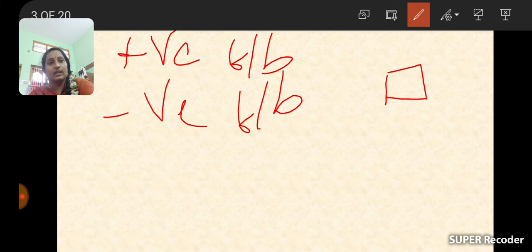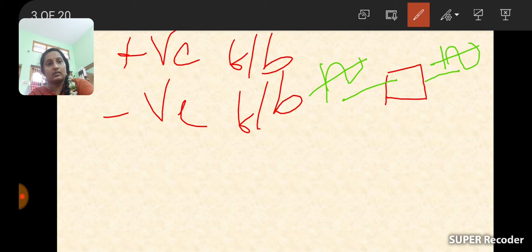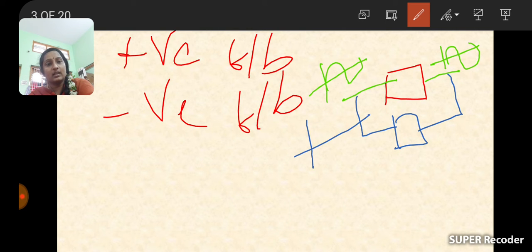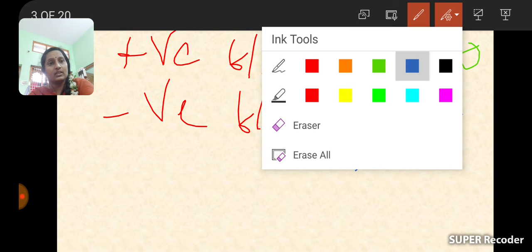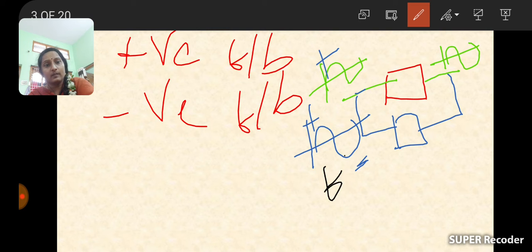If this is the output, okay, our input is also like this, and this is the feedback signal I connected. So my feedback signal is also like this, means positive, negative, negative. Okay, so here this is my feedback signal and this is my input signal.